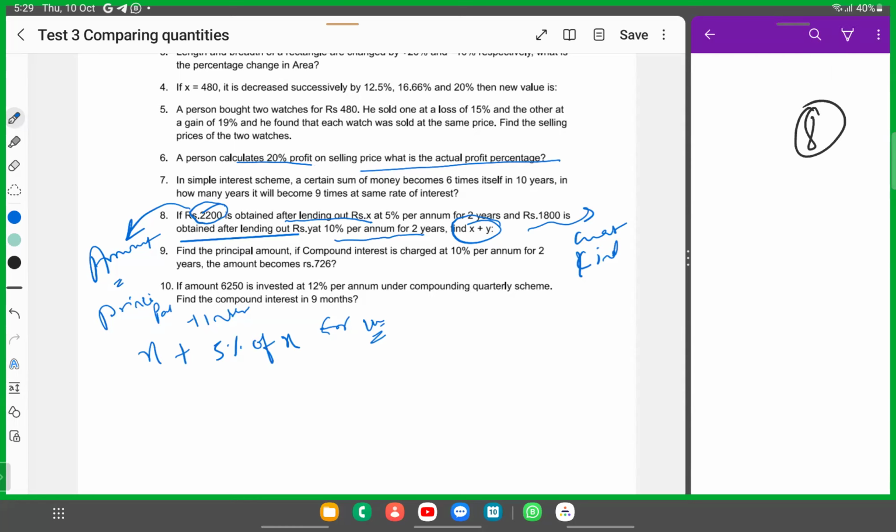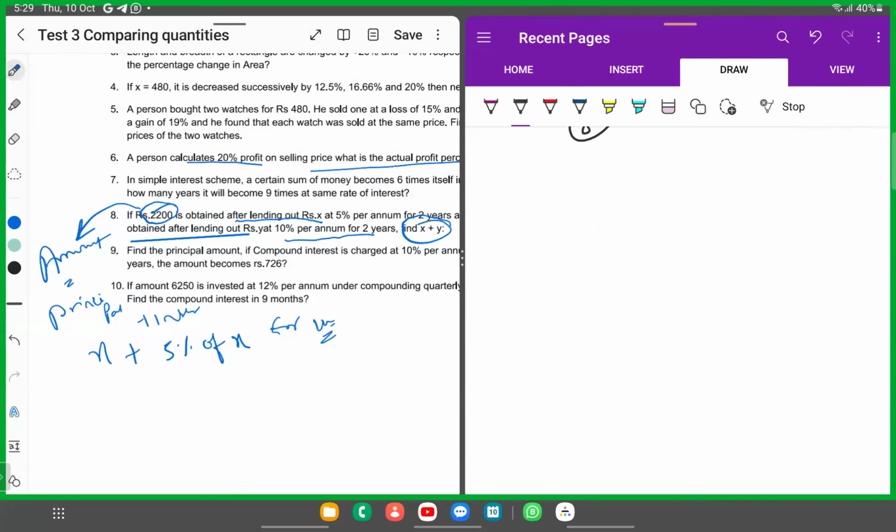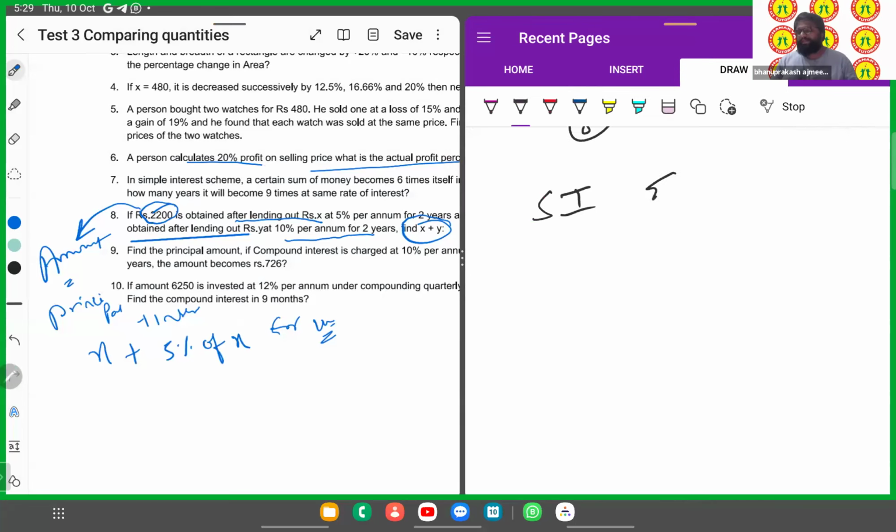The rate is telling for 2 years. Sir, compound interest. I think it's simple interest, but he said per annum. What is the difference between simple interest and compound interest?